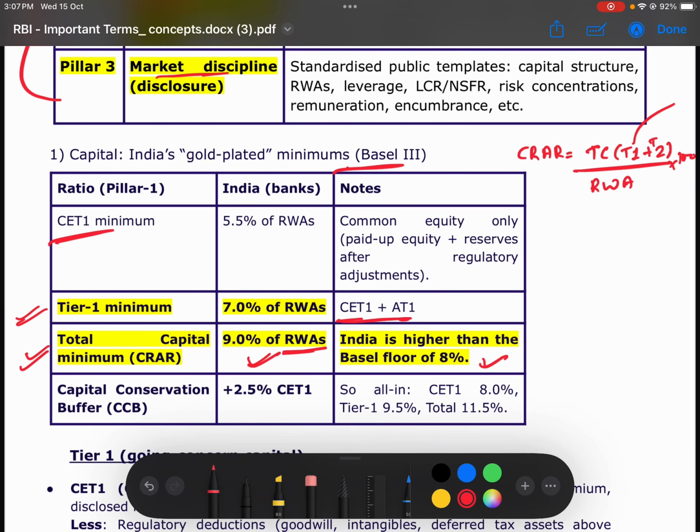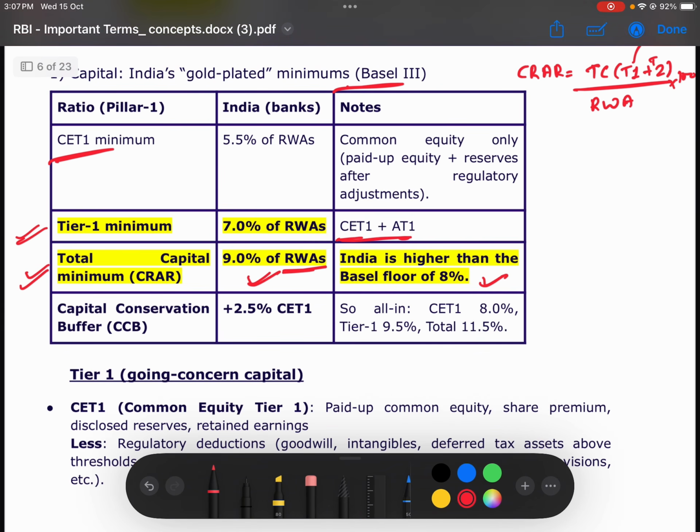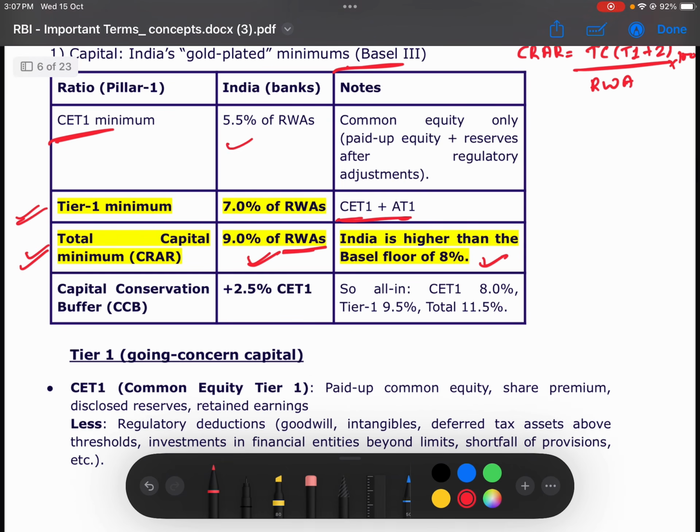First is CRAR. It should be 9%. Then tier one capital should be 7%, and then CET1, common equity tier one, should be 5.5%. CET1 is the prime capital, common equity only, like paid up capital and reserves after regulatory adjustment. It is the core capital of the owners, the equity shareholders.